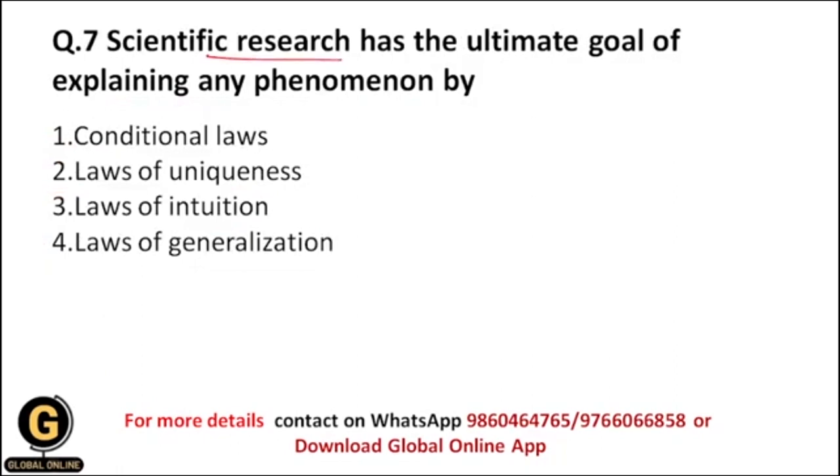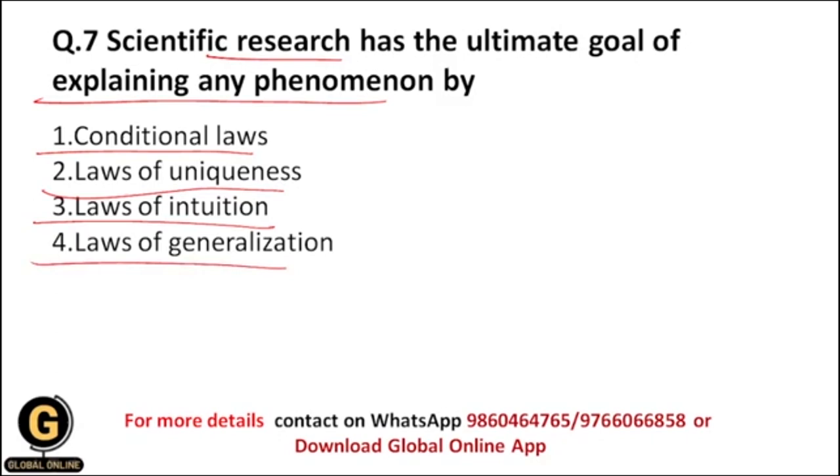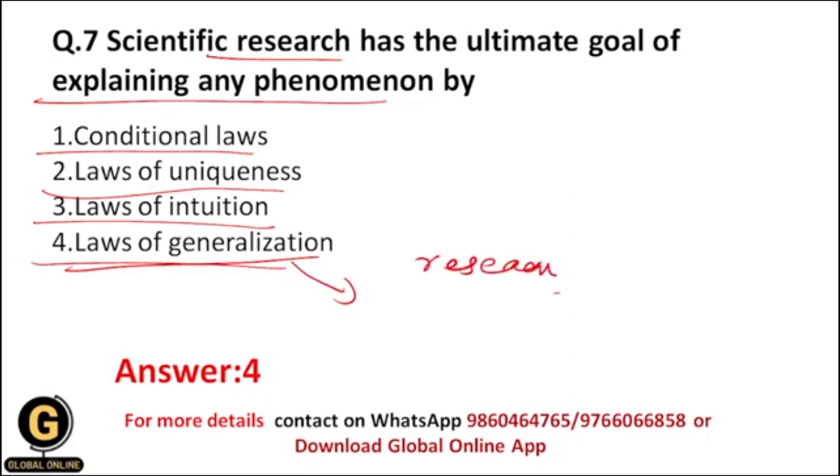Scientific research has the ultimate goal of explaining any phenomenon by: conditional laws, laws of uniqueness, laws of intuition, or laws of generalization. Students, scientific research has the ultimate goal of explaining any kind of phenomenon by the laws of generalization. Why is this? Because laws of generalization means we have a research study, and we are getting results from our research study.